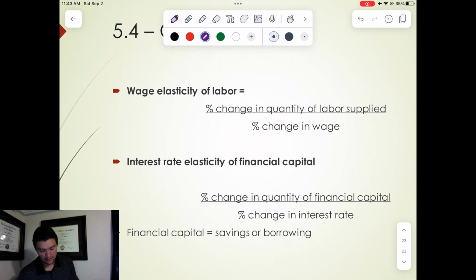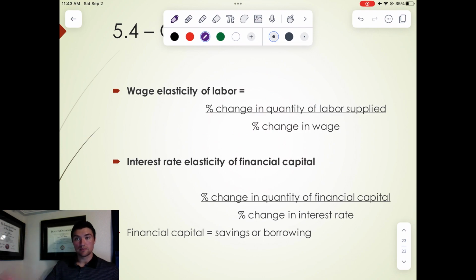Some other elasticities that we'll talk about, they're all the same thing. If we're talking about the wage elasticity of labor, right? How sensitive businesses are when the wage changes. So because the wage goes up 10%, how many fewer employees do they hire? Okay. So again, what goes on top? Quantity. What goes on bottom? Price. So we'll do the percent change in the quantity divided by the percent change in wage.